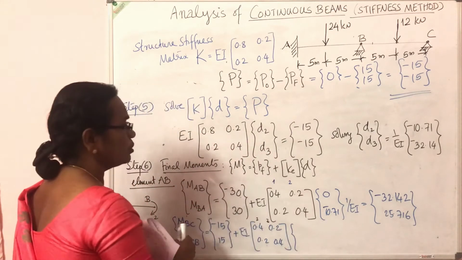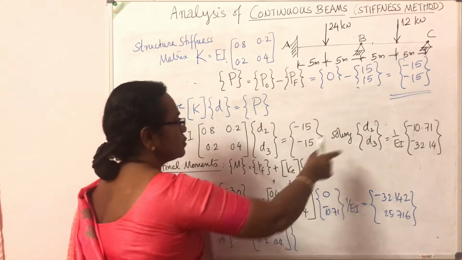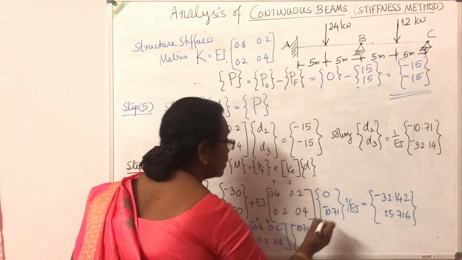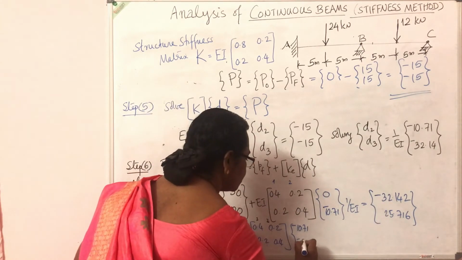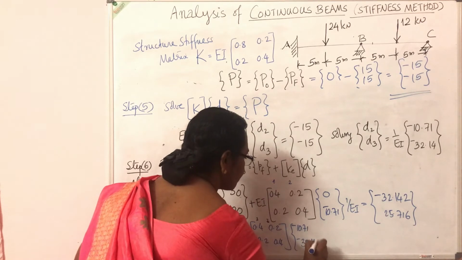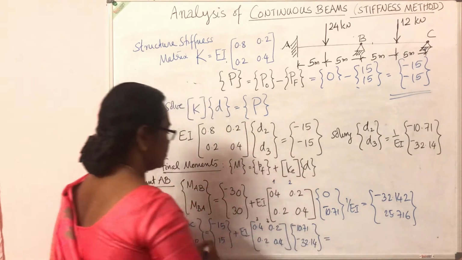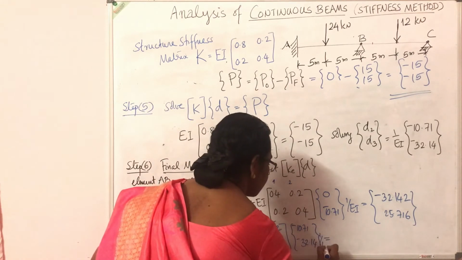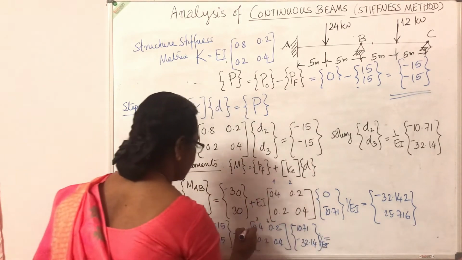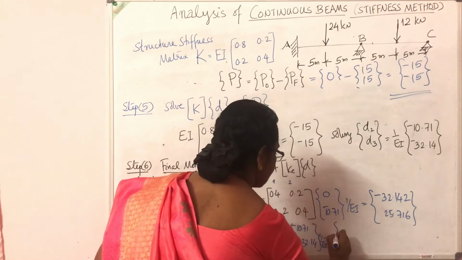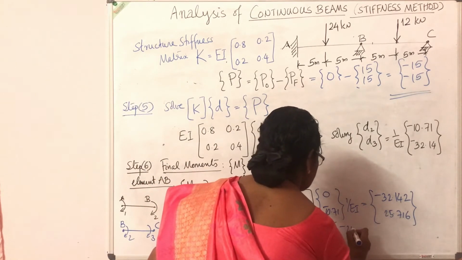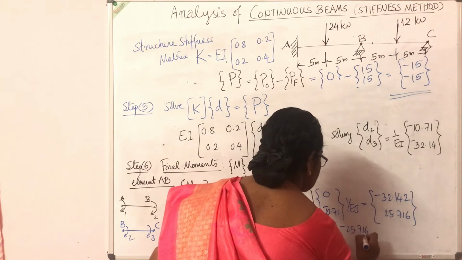So you have to substitute D2 and D3. D2 is minus 10.71 and D3 is minus 32.14. After this multiplication, there is a 1 by EI; the EI and EI get cancelled. We will get the answer as minus 25.716.